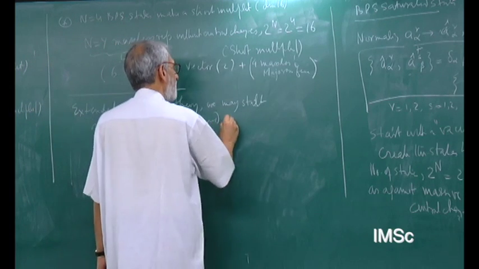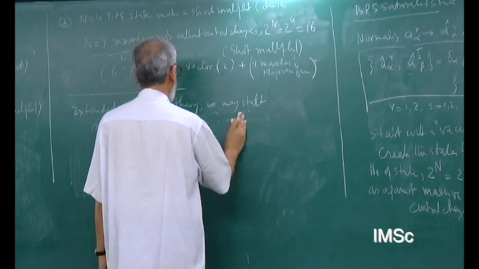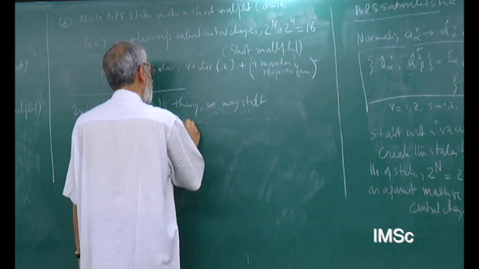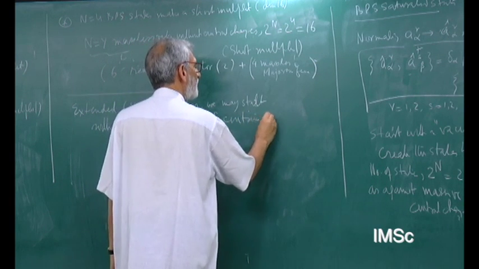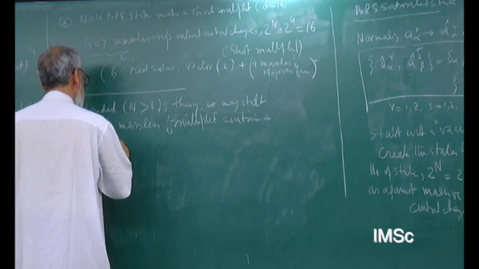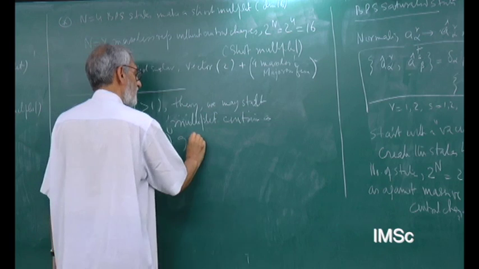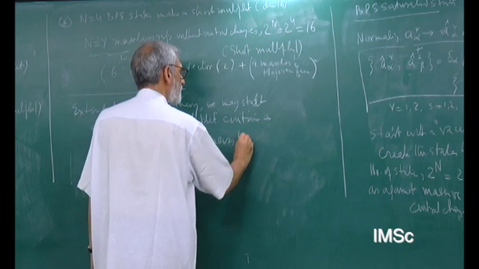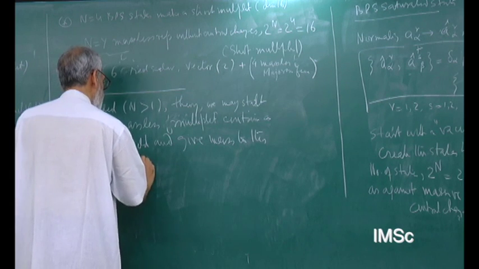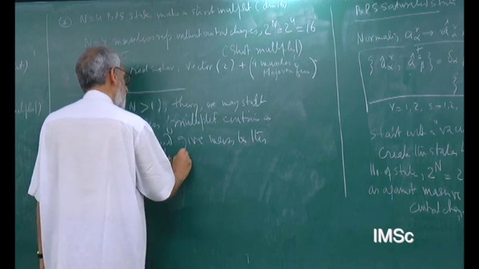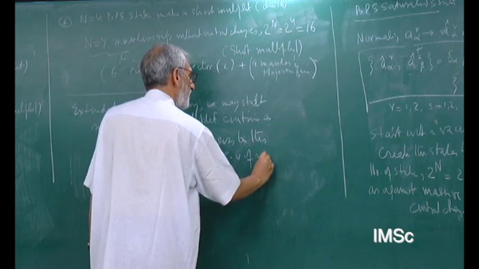and introduce a multiplet containing a vector field and give mass to this vector field by some vacuum expectation value of a scalar.